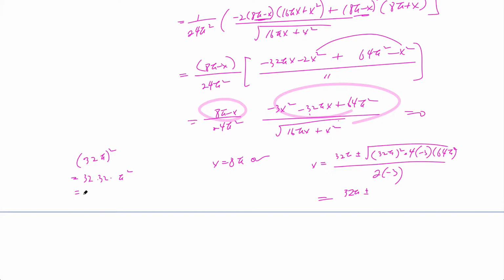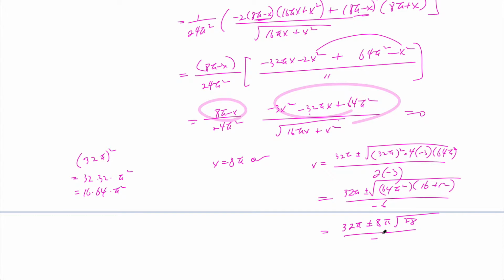So if you borrow 2 from here, you get 16 times 64 times pi squared. So you can definitely factor out 64 pi squared from inside the bracket, and you're left with 16 plus 12. So 32 pi plus or minus, this is going to be 8 pi, and this is 28. Divide the top and bottom by 2, you get 16 pi plus or minus 4 pi root 28.